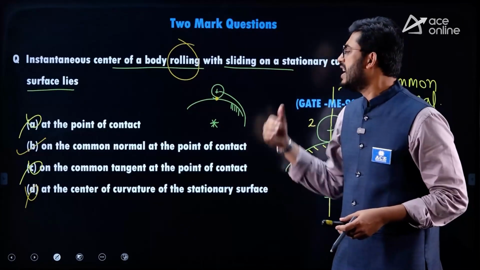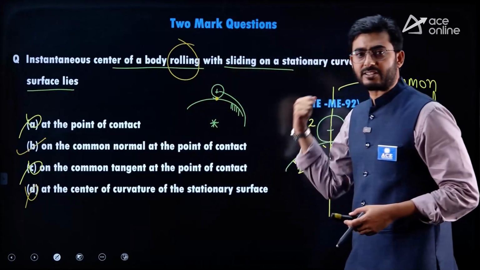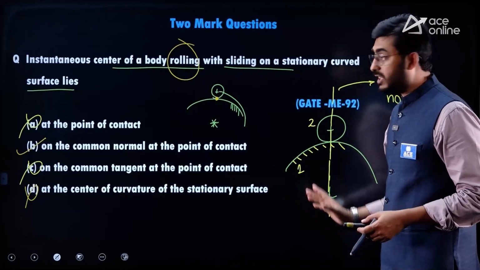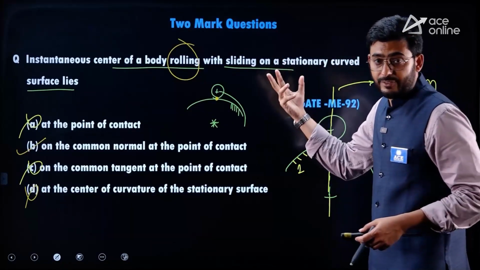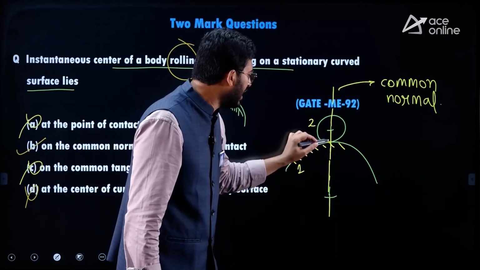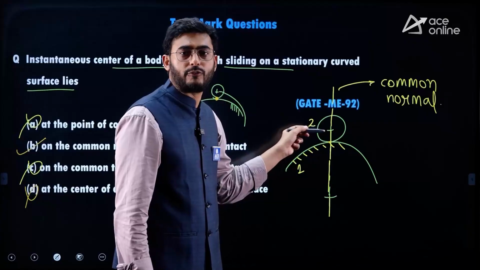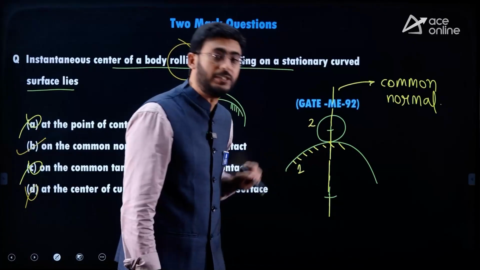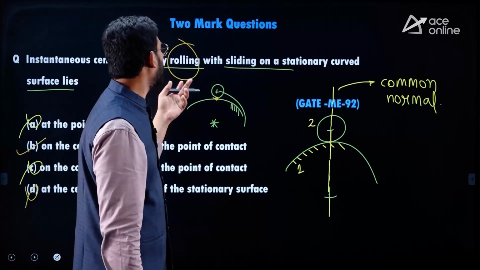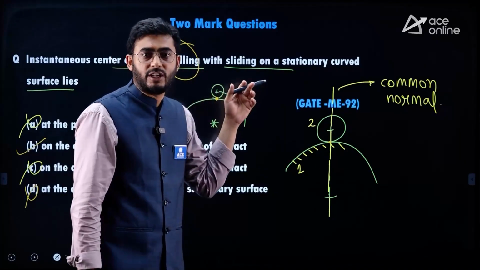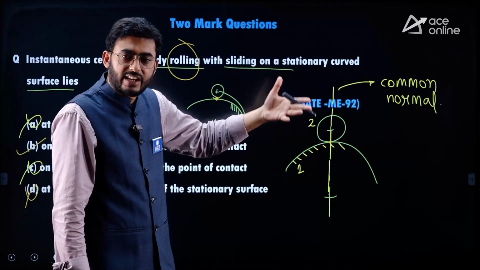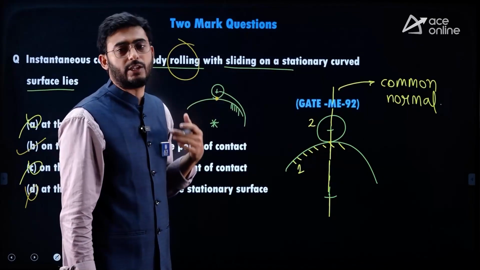Try to understand that. If they include rolling plus slipping motion, then it has to be somewhere on the common normal. But if slipping motion is there definitely, then it will not be at the point of contact. It will be either above the point of contact or below the point of contact, depending on whether the rotation is greater than the sliding motion or the sliding motion is more than the rotation.